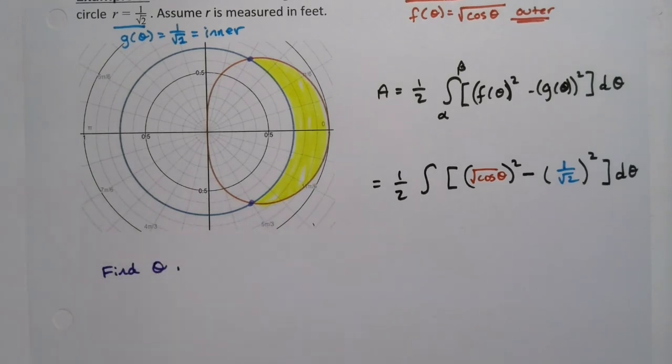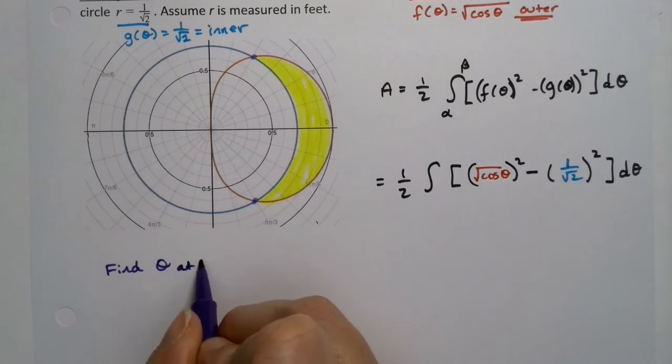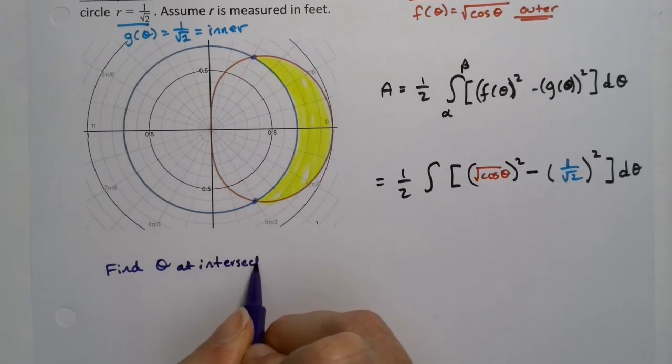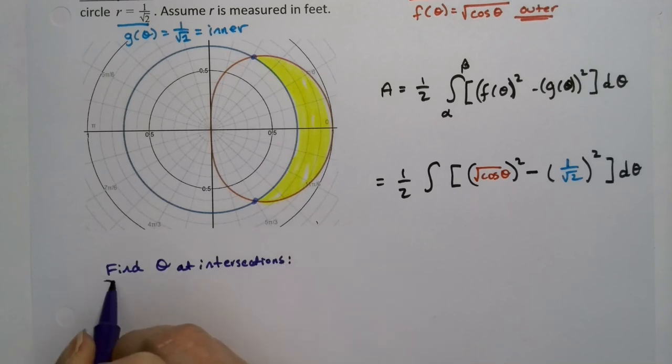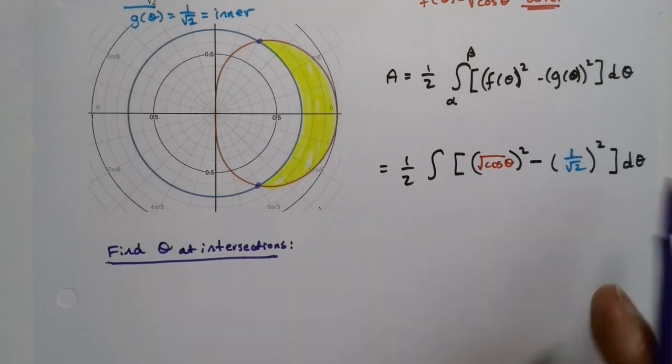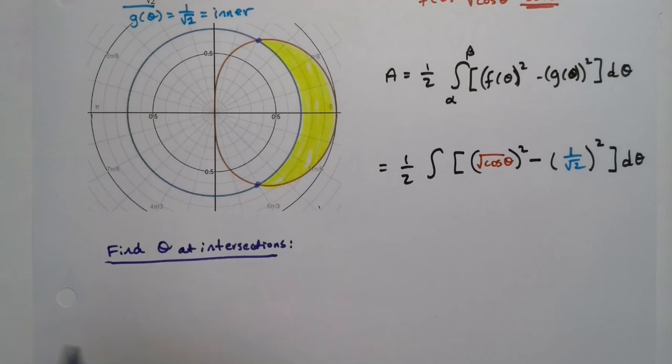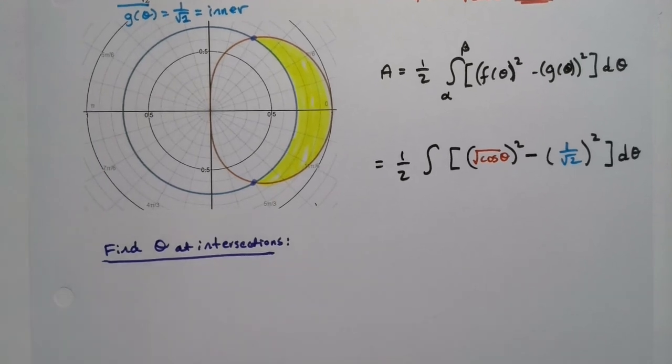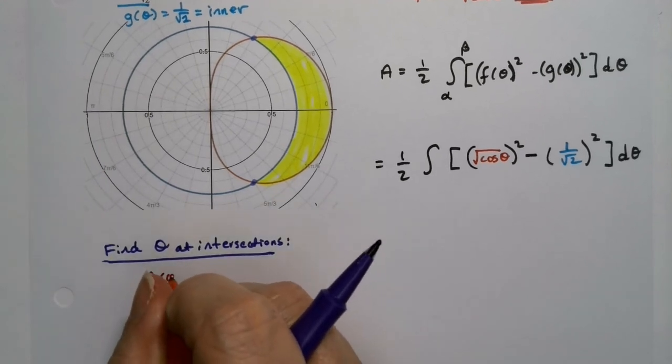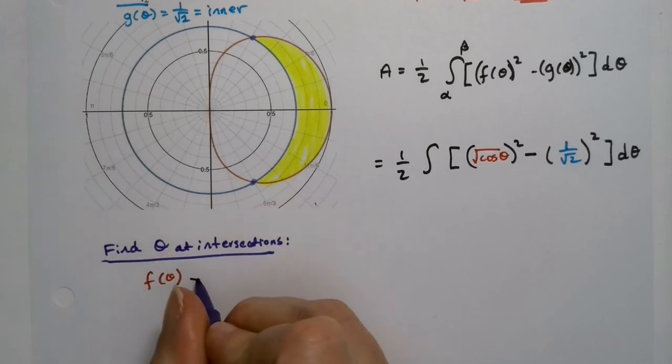Find intersections. Well, you're really finding theta at the intersections. That's what you're looking for, because theta is what you're integrating with respect to. So if they're going to intersect, that means that f of theta is going to be equal to g of theta.